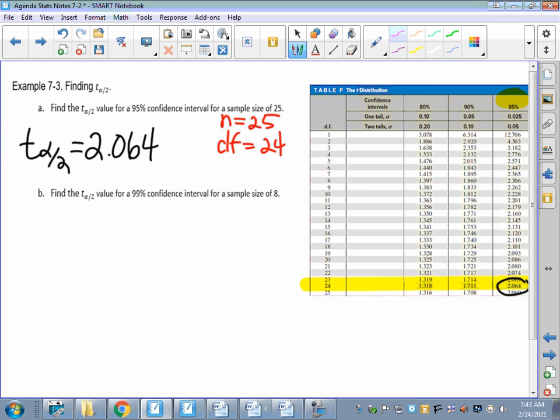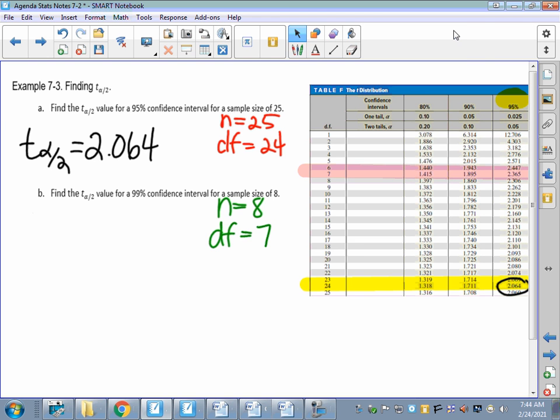Find the t of alpha over 2 value for a 99% confidence interval for a sample size of 8. So let's see, sample size is 8. So that means degrees of freedom is equal to 7. So I'm going to go over to my table. I'm going to go across my degrees of freedom 7, and I'm going to go all the way across to 99%.